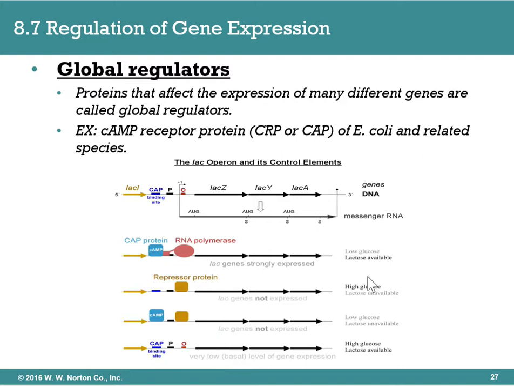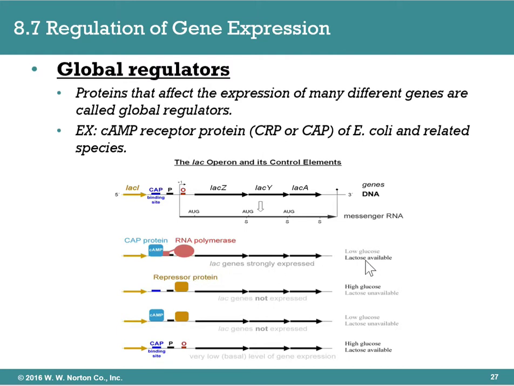If we have low glucose and there is lactose available, meaning that we have no glucose but we have lactose, the CAP protein will bind and the repressor will not. If the CAP protein binds, the repressor will not, and with that we will have strong transcription.